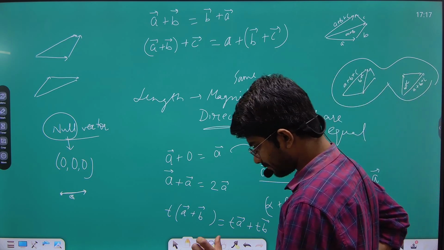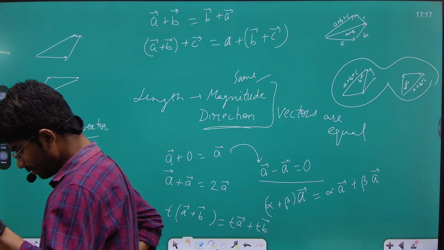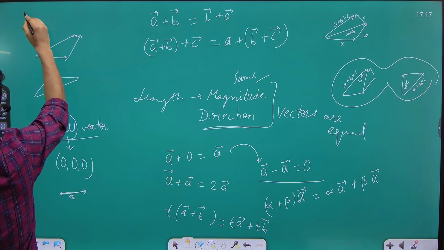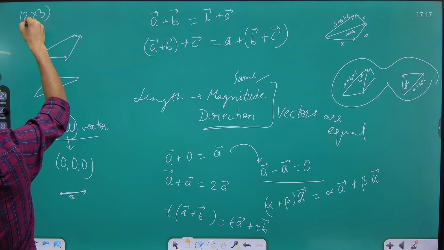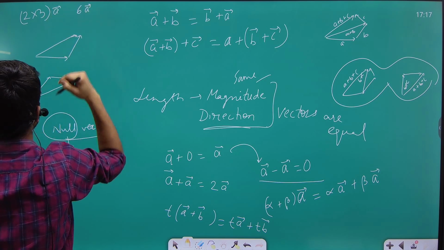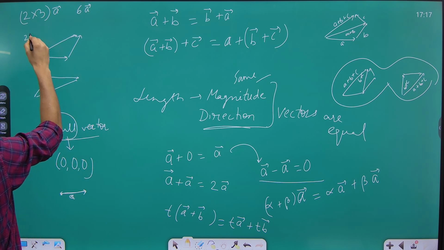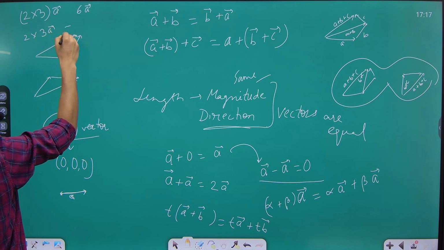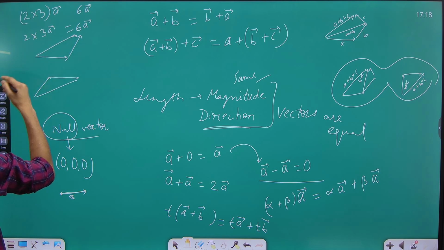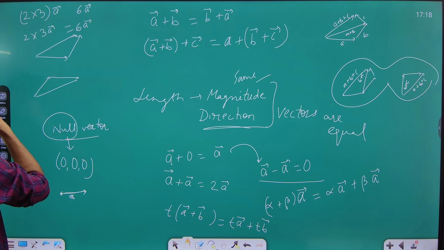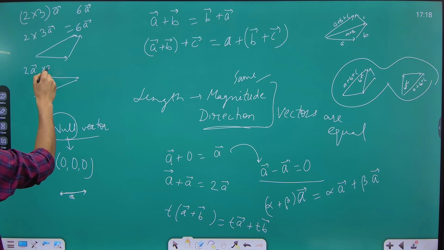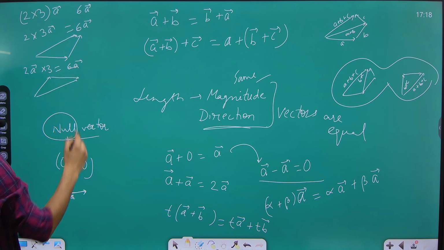Suppose you have a vector multiplied with two scalars but in a different order. Suppose you multiply 2 and 3 and then apply it to a vector A. That means 6A. Similarly, if you try 2 times 3 of A, you get again 6A. Or you can multiply 2A with 3, that would be 6A.